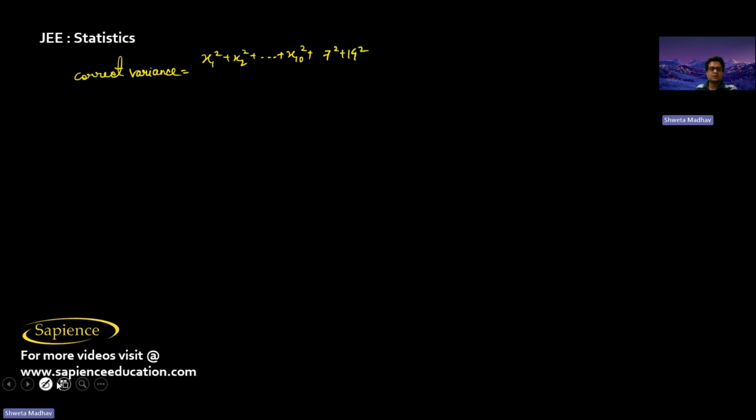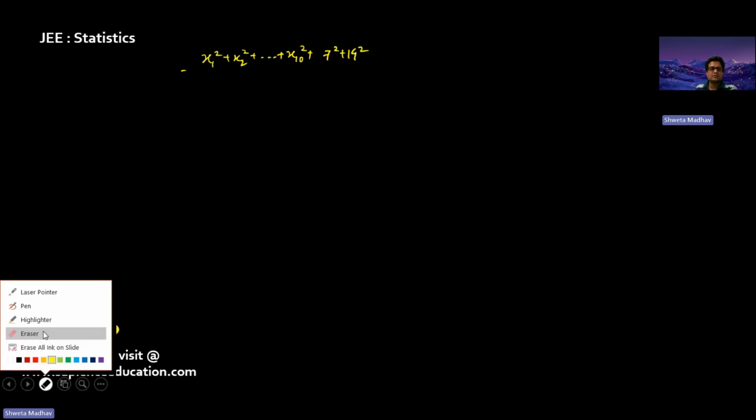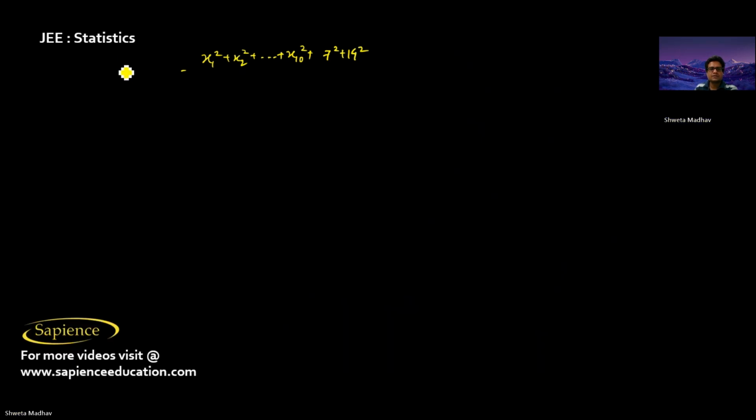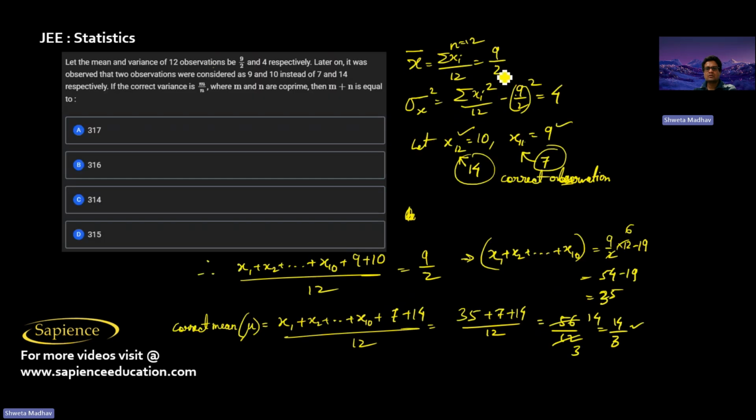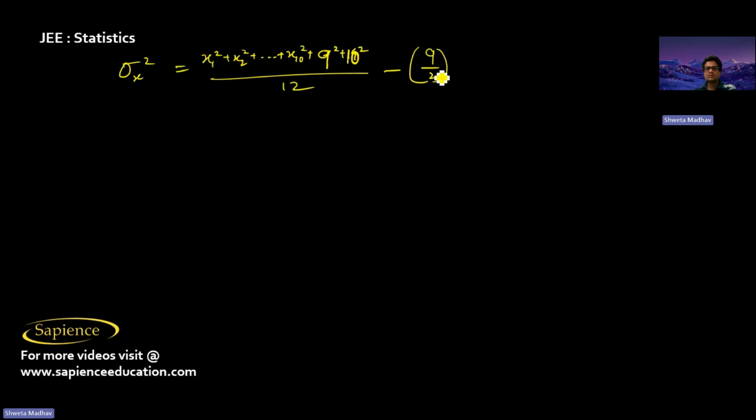But we know the wrong variance, the incorrect variance, which was sigma x square, that is equal to x1 square plus dot dot x10 square plus 9 square plus 10 square divided by 12, then minus the wrong mean square, 9 by 2 whole square, that is equal to 4.